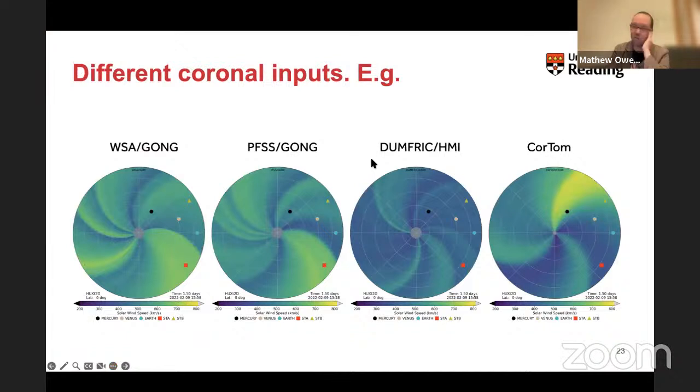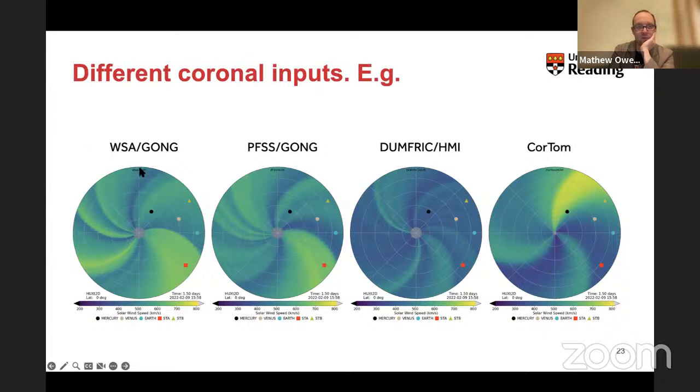And this image may give you pause for thought when I explain what it is. So this is the HUXt solar wind in the ecliptic plane. The blue dot is Earth, the black dot is Mercury, this is Venus, and these are the STEREO spacecraft. So you're looking down on the North Pole again.